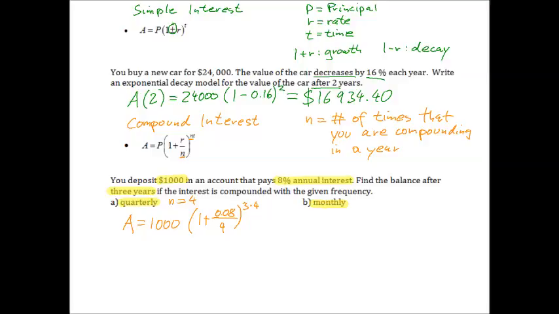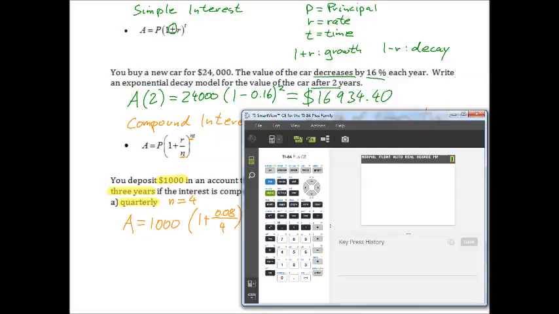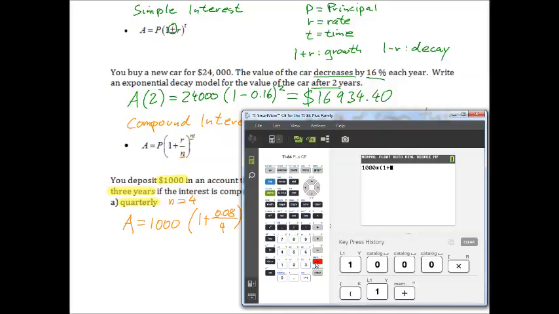Now that one we're definitely going to do on the calculator again. So 1,000 times, open parentheses, 1 plus 0.08 divided by 4. And here you don't need parentheses because division will be done first anyway.